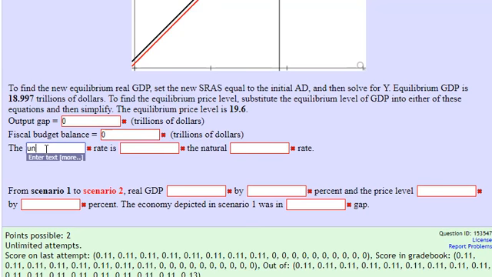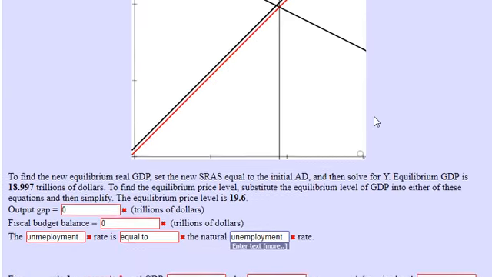The unemployment rate is equal to the natural rate of unemployment, right? The natural unemployment rate. Why is that?